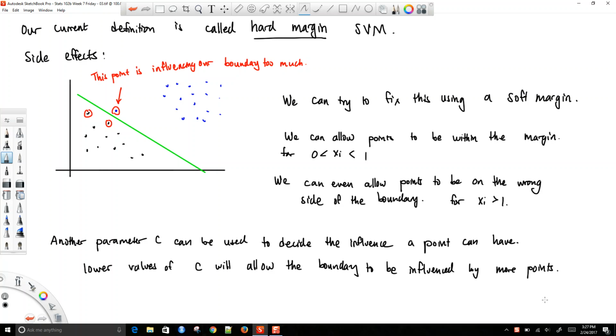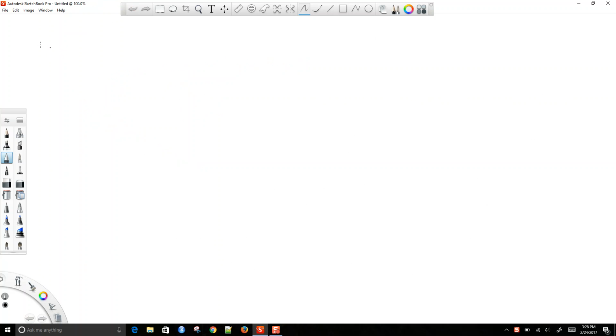And then there might be some cases where a linear boundary no longer works. So what do we do? If I have something like this and I'm trying to separate our cases, what do we do?